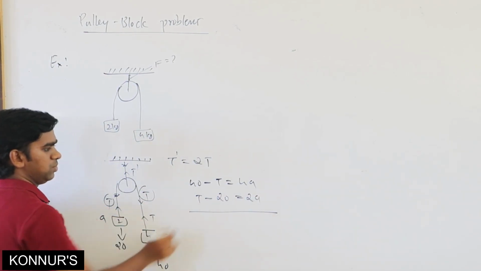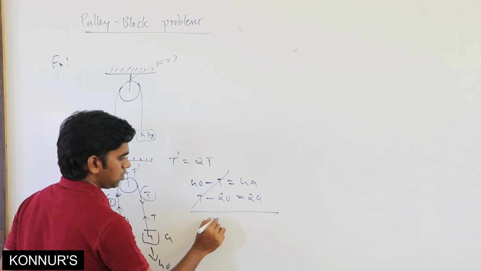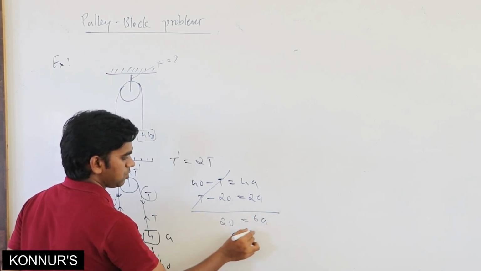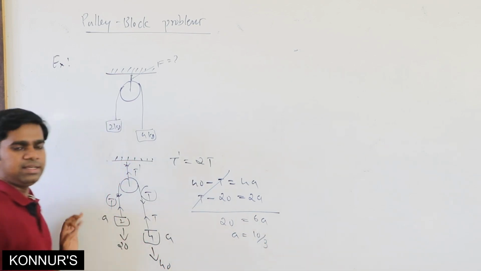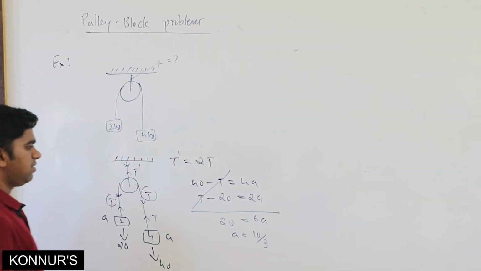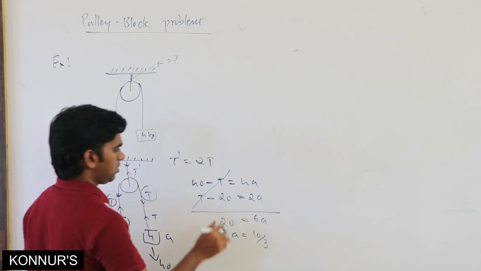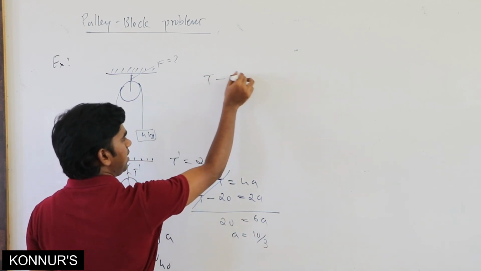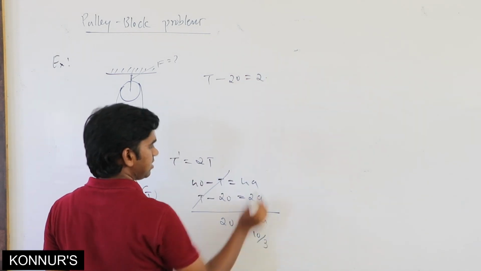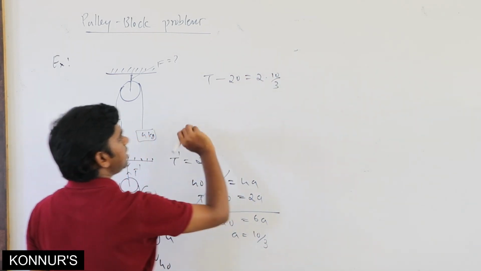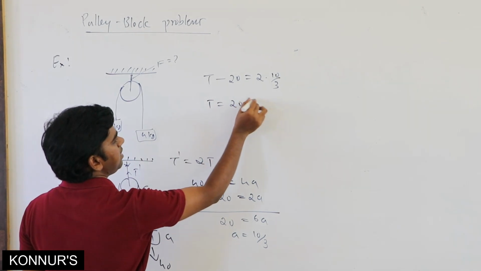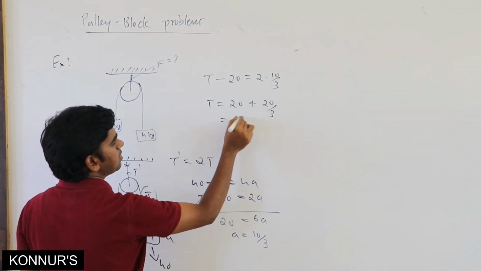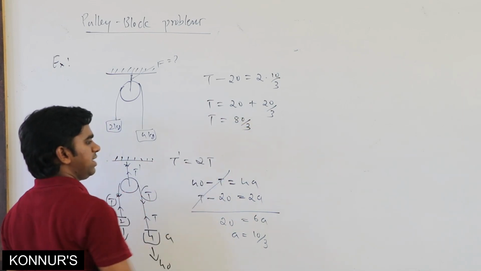If I solve these two, this T will get cancelled. So it becomes 20 equals 6a. So a equals what? 10 by 3. If you got the acceleration, you can find the tension. T minus 20 equals 2 into acceleration. Acceleration is 10 by 3. So T equals 20 plus 20 by 3, that is 60 plus 20 by 3, so 80 by 3 is the tension.